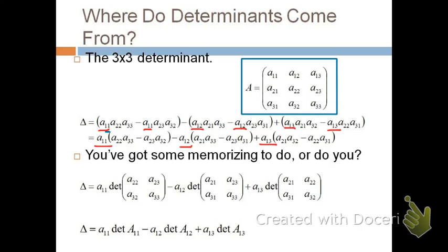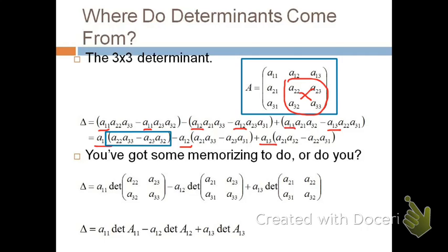What do we notice about this value here? We have A22 times A33 minus A23 times A32. That happens to look like the determinant if this were a matrix here. If I were to take the determinant, which means I would multiply this term times this term, then it happens to be the determinant of this matrix.